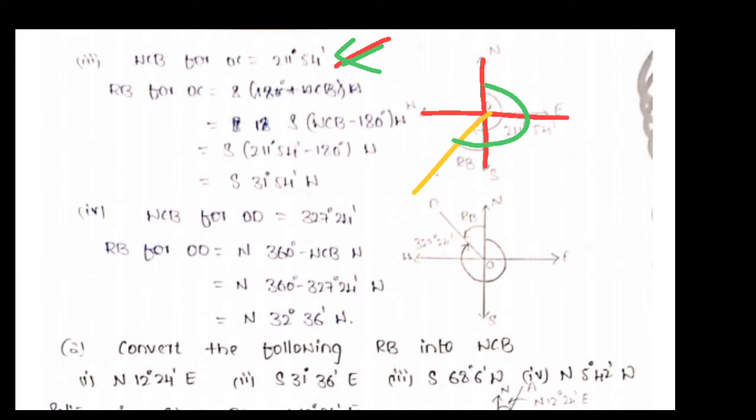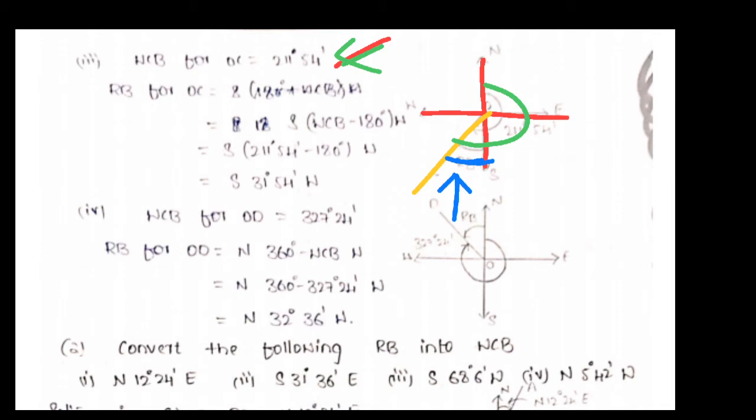Now we are going to calculate the RB. RB means reduced bearing, the angle calculated towards the survey line which is nearer to either the north or south direction. We already discussed that. Now the RB angle is this one. How are we going to calculate it?